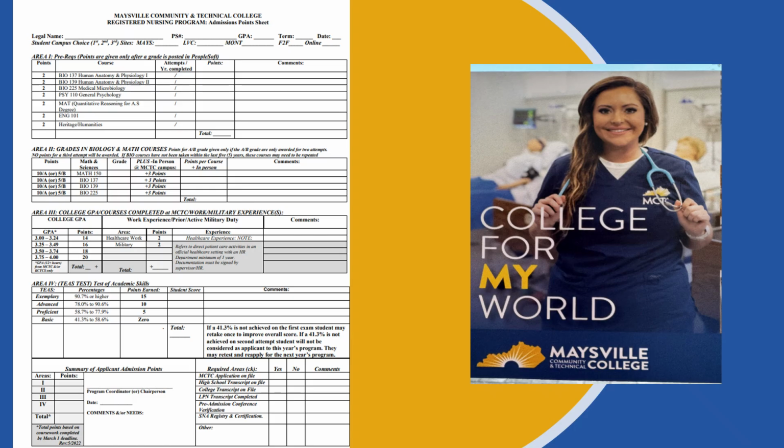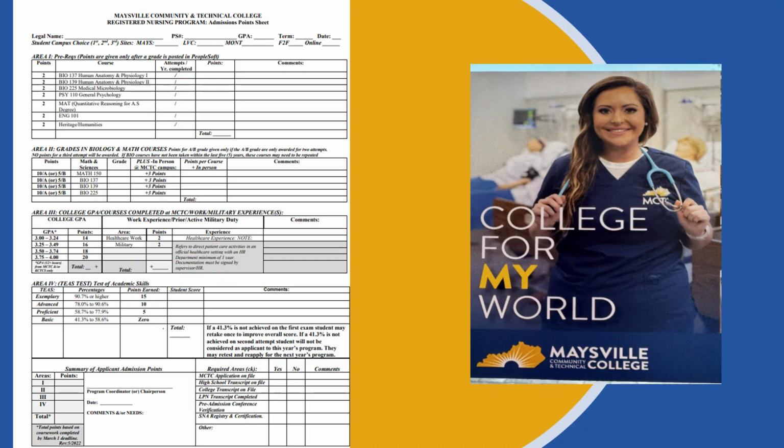When we get an application, we go over each student's PeopleSoft information to get their grades and see how they've done, and that lets us find this information out. You can use this sheet to figure out your own points, so you could get an idea of where you stand as well. In area 1, points are given for prerequisites.